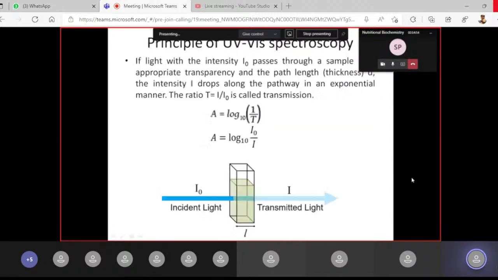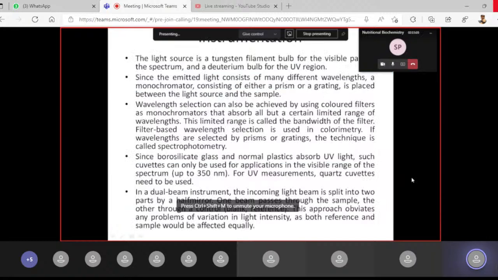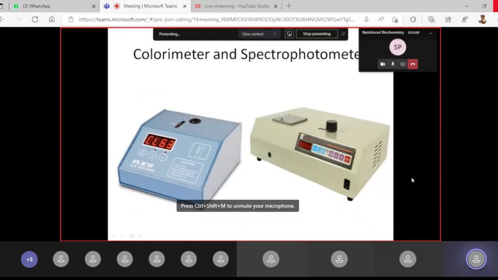Now moving on to the instrumentation. Before going into instrumentation, I'll tell you the basic differences: when to use a colorimeter and when to use a spectrophotometer. As I told you, if you have a protein solution, it can absorb in the UV range without making it into a colored solution.